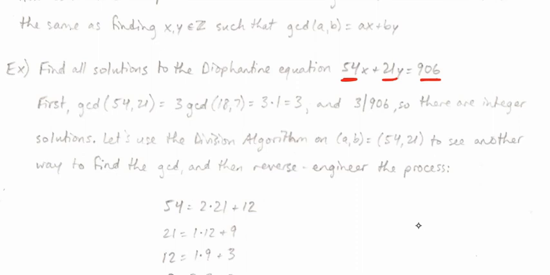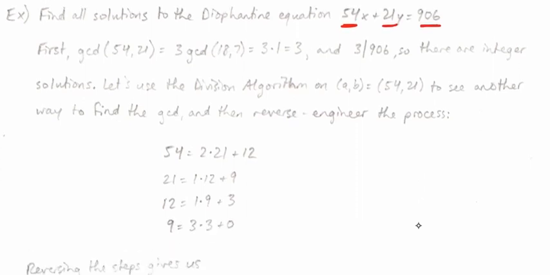We are going to use the Euclidean algorithm, not the division algorithm, on our A and B values of 54 and 21 to find the GCD, and then we're going to reverse engineer that process.